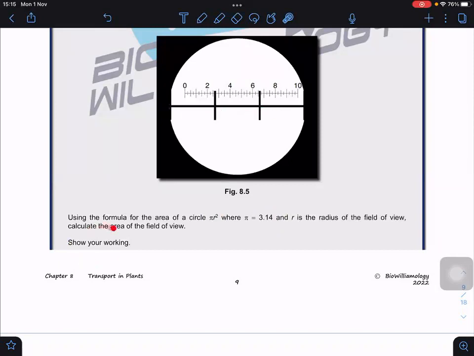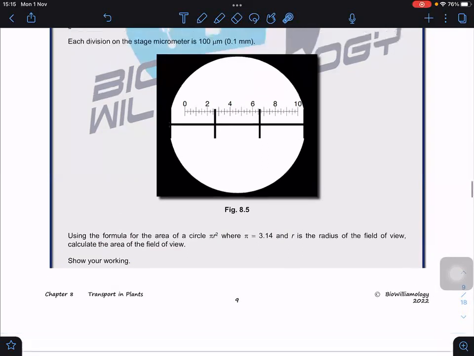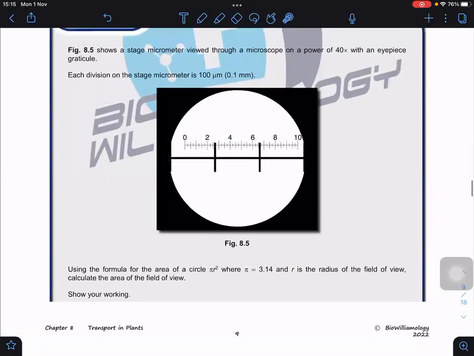Show your working: how you calculate the area of the field of view. Now, this is quite an interesting question. I want you guys to try. So take 5 minutes to calculate the area of this white area. Are you clear? This white area is termed the area of the field of view.